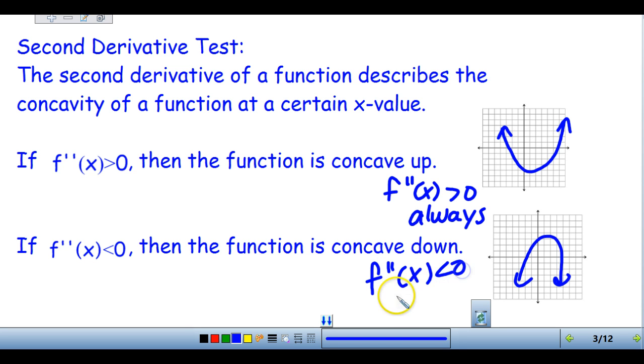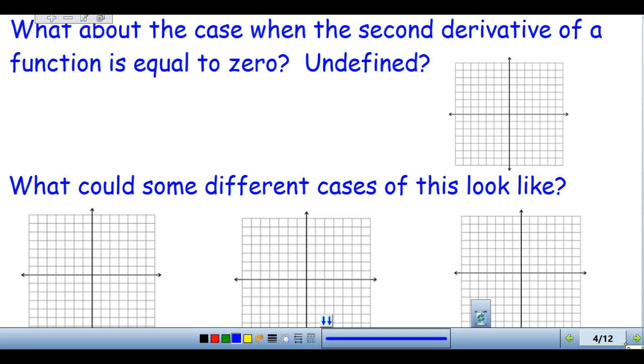And there are many functions that possibly have a change in concavity. So what if we ran into a situation where the second derivative of a function was equal to 0 or undefined? I guess if it's neither positive nor negative, I would say it's neither concave up nor concave down.